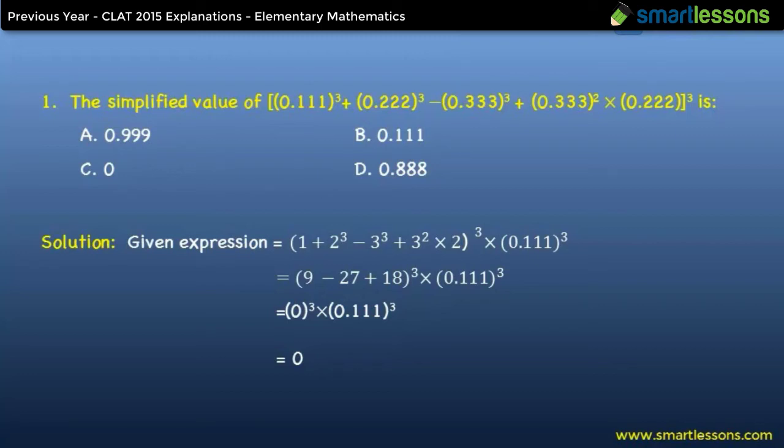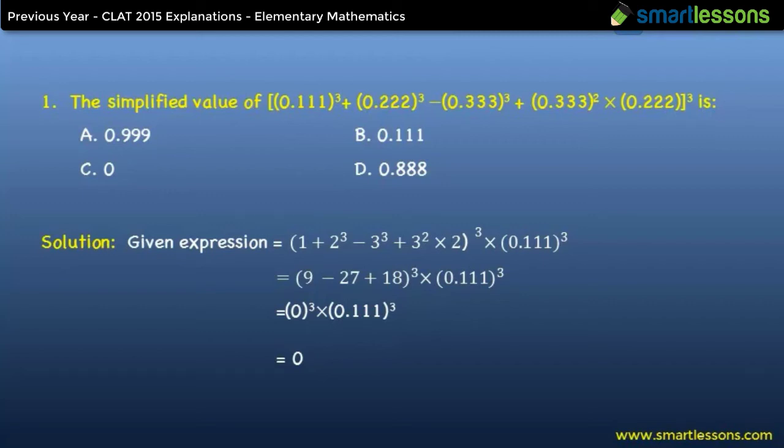Once you take 0.111 whole cube common out of the given expression, you are left with only 1 for the first term, plus in the second term you are left with only 2 cube, then minus in the third term you are left with only 3 cube, then plus in the last term you are left with 3 square into 2, and then you have whole cube of that.